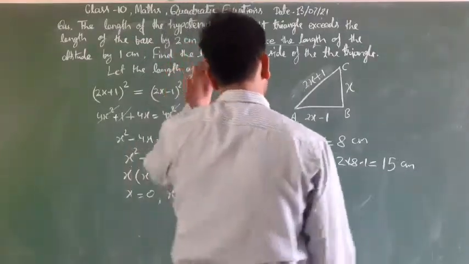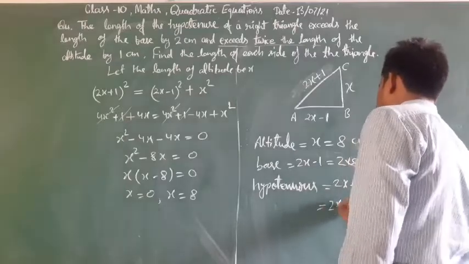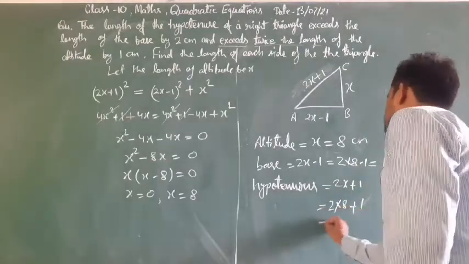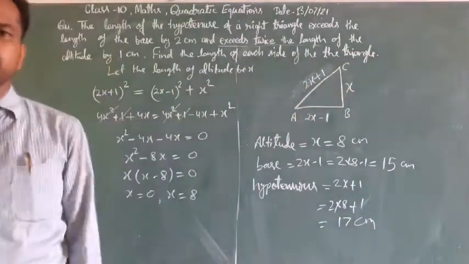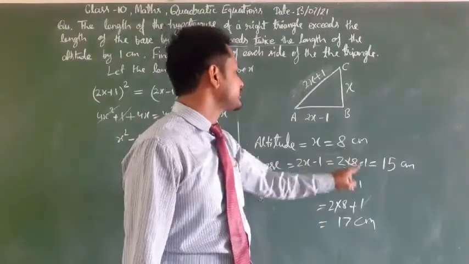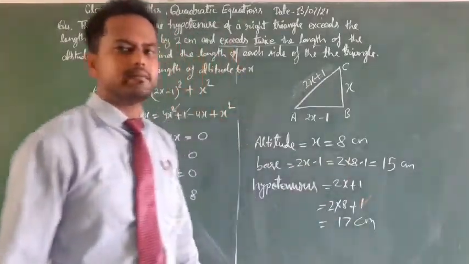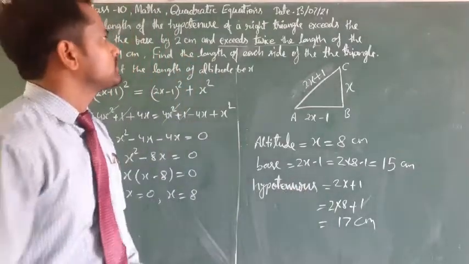Hypotenuse is 2x plus 1, that is 2 into 8 plus 1, it means 17 centimeter. So that will be your answer. Altitude is 8 centimeter, base is 15 centimeter and hypotenuse is 17 centimeters.